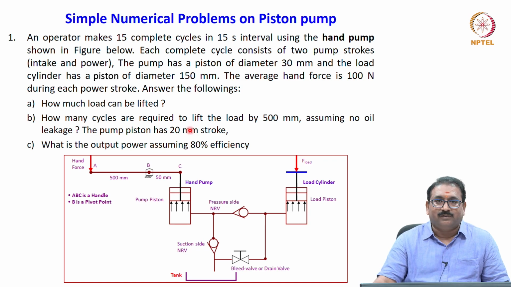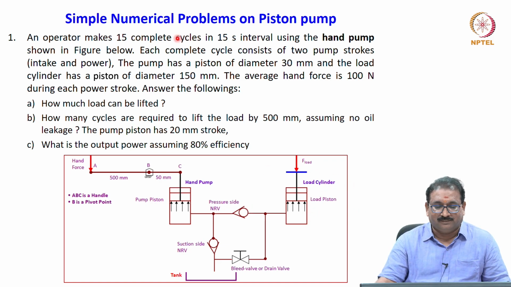This problem is depicting a hand pump. An operator makes 15 cycles in a 15-second interval using the hand pump shown in the figure below. I already explained this. It is a hand pump, it is a load cylinder.